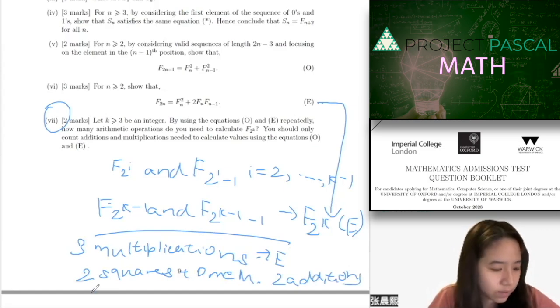So that's 5 operations for i equals 2 all the way to k minus 1.